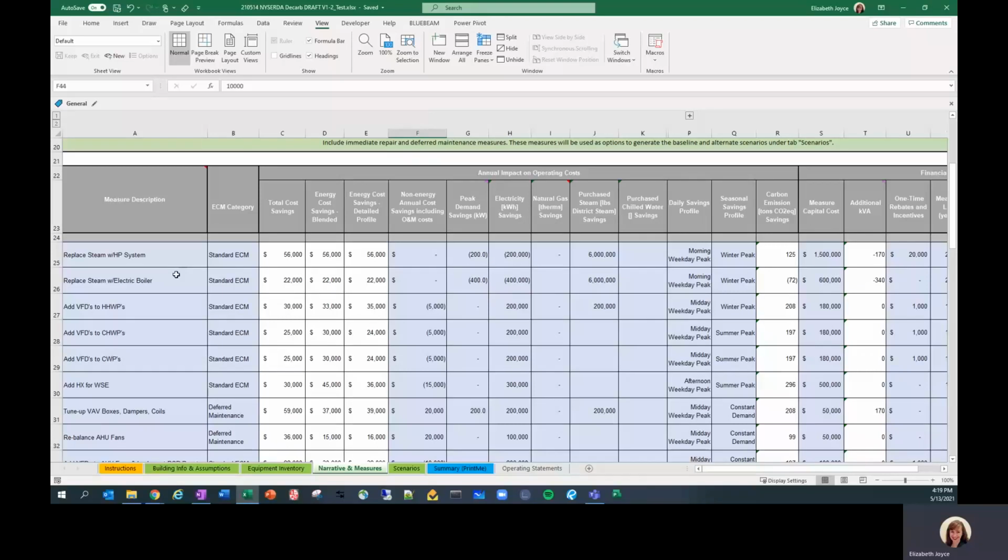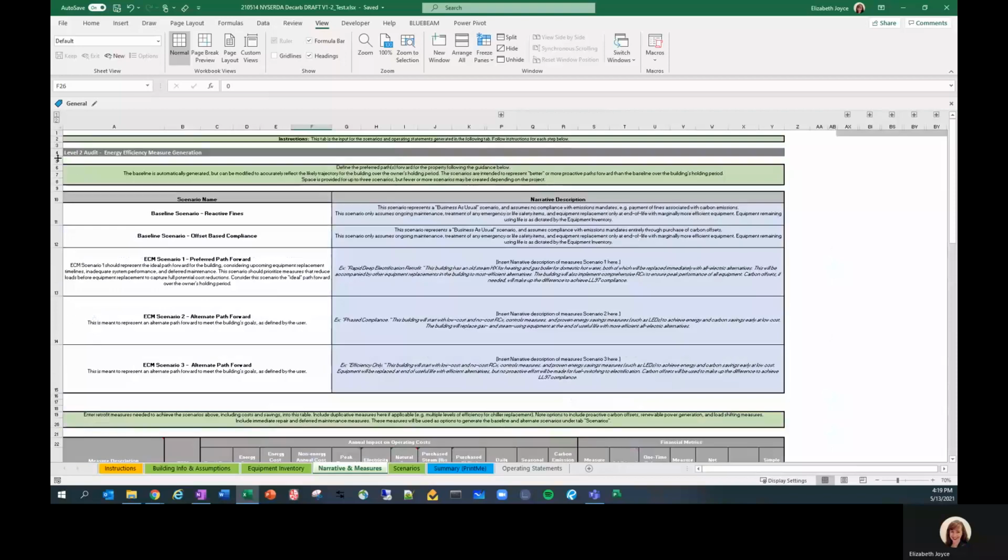In this case, it's important to make sure that not only do you indicate the savings in terms of gas or steam or other fuels at the building, but you also need to indicate the increase in electricity and power that you think will be expected by that equipment replacement. And you can do this by putting in a negative number in the peak demand savings or electricity savings column. And that's the end of the Narrative and Measures tab.